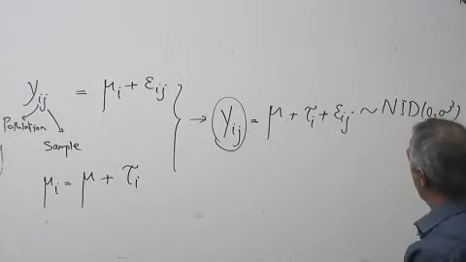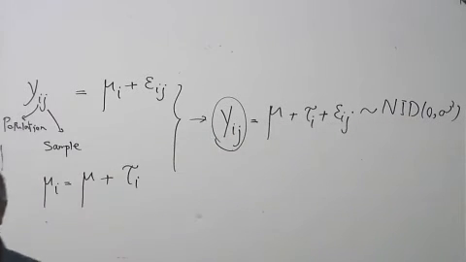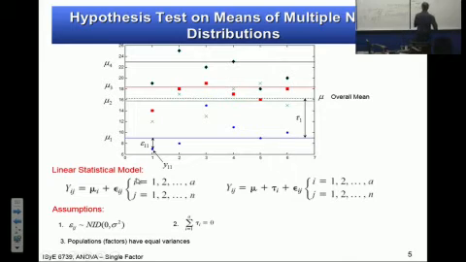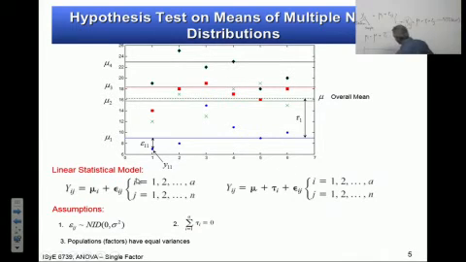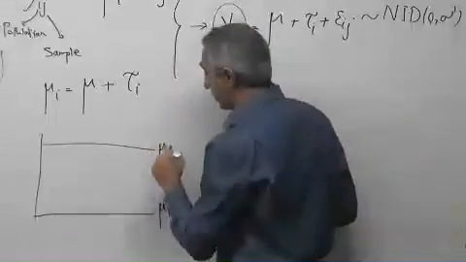Okay? Normally independently distributed. They should be independent. And these variances for each population, because you know that, for example, let's say this is mu1, this is mu4, okay?